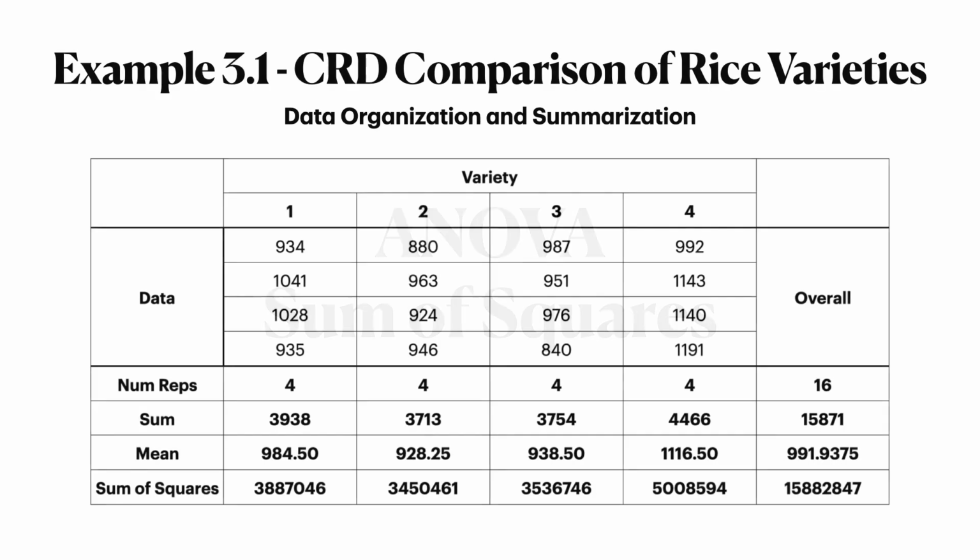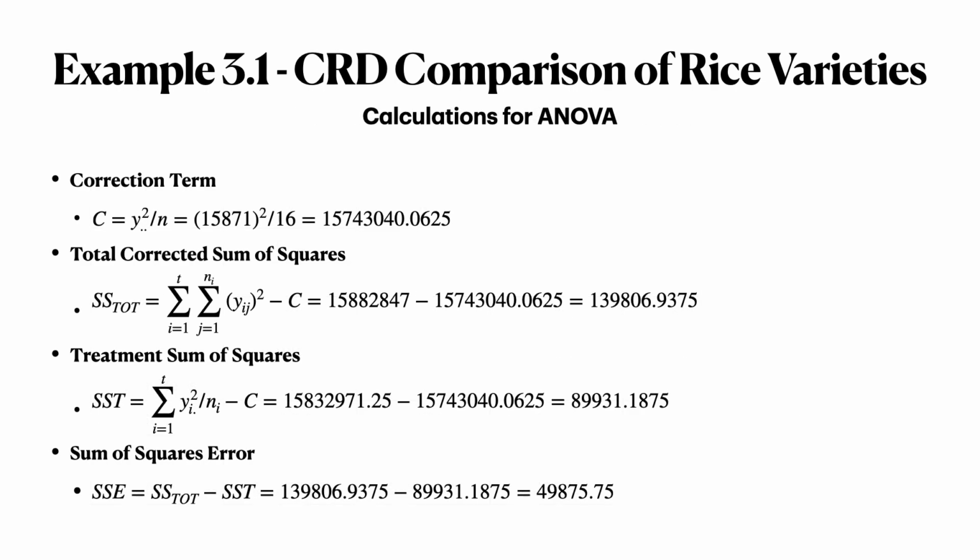Next, we will calculate the sums of squares for the ANOVA. And so we're going to be using information from this summary table. Now, the first thing that we'll calculate is what's called the correction term. You will recall that when we're calculating a corrected sum of squares, we can do that a little bit more easily using a computational formula, which is the difference between the appropriate uncorrected sum of squares and this correction term.